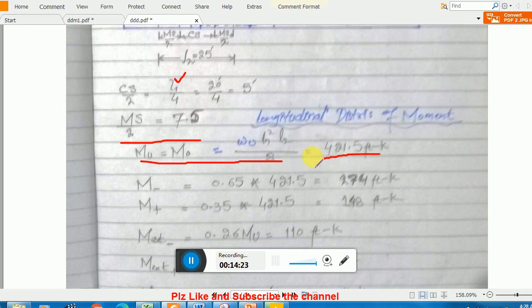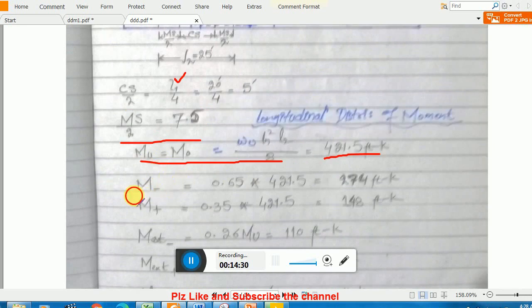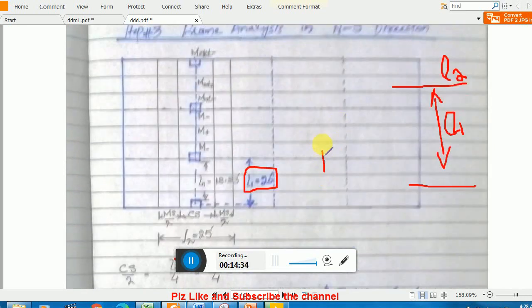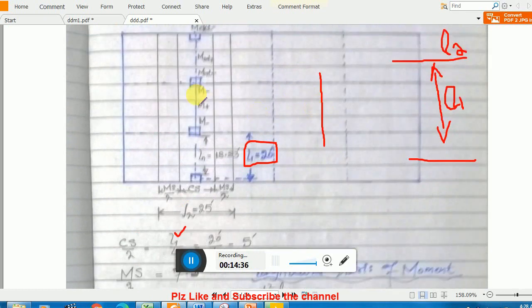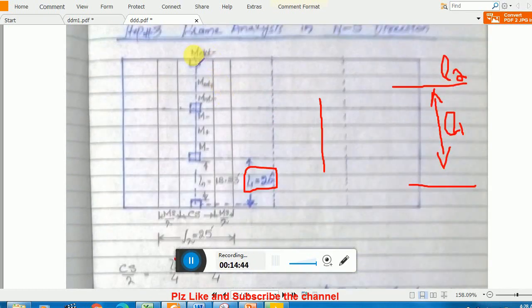W is constant. So again M negative, M positive, these are the longitudinal distribution in this direction. You see this is M negative, M positive, M negative, and again in the exterior panel what we have is M exterior negative, M exterior positive, M interior negative. This M exterior negative is 0.26 M naught, you all know this.